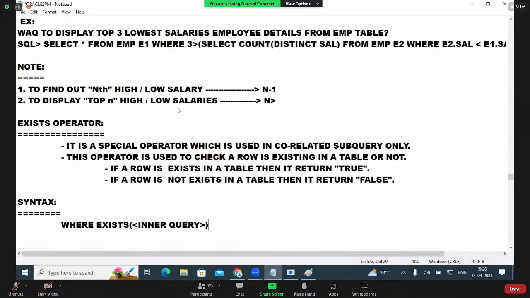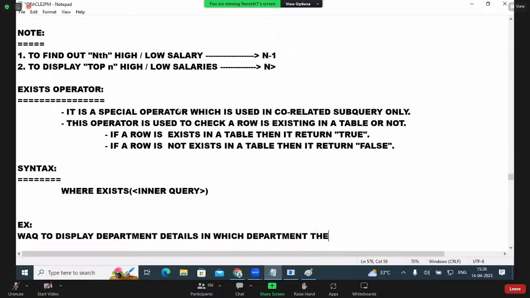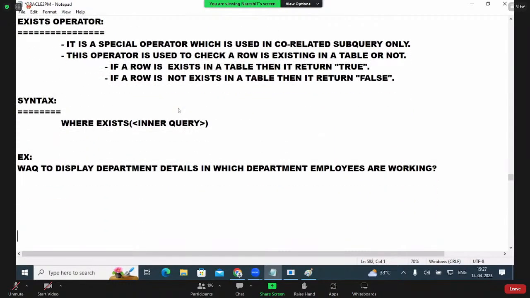Okay, now let me see examples on this. Write a query to display department details in which departments employees are working.